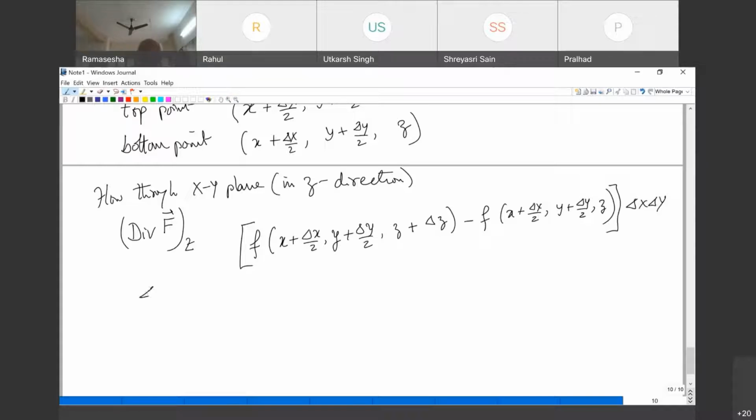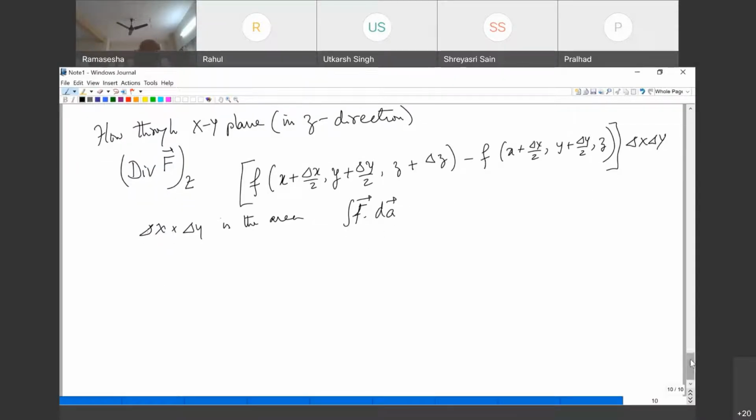Delta x delta y is the area, because what we are looking at is the integral of f dot dA. So you have to multiply by the area, and this is what you get from the z component of the area element. Let me evaluate that, divided by the volume. What is the volume of the cube? Delta x, delta y, delta z.